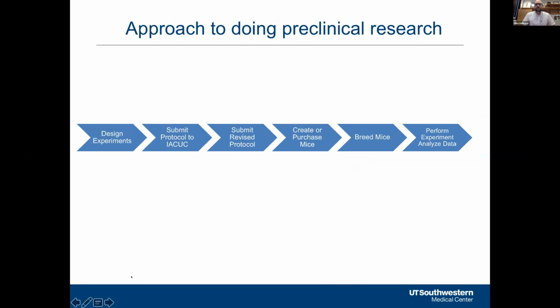So with respect to doing animal work or mouse work, you can't just go in the lab and start working with mice. So I just want to briefly go over the approach that we use on doing preclinical mouse research. So the first thing that we have to do is actually design our experiments.